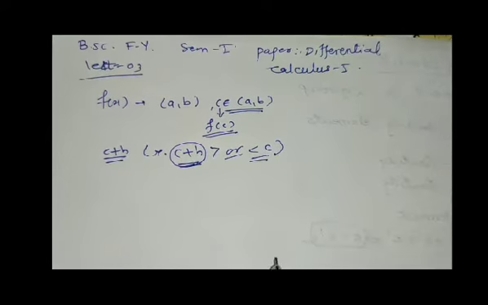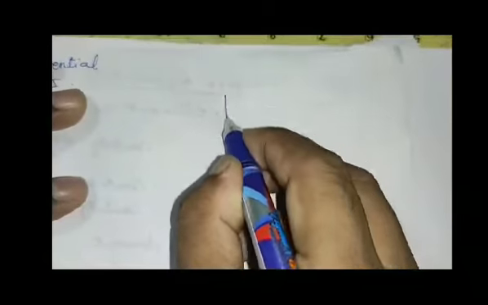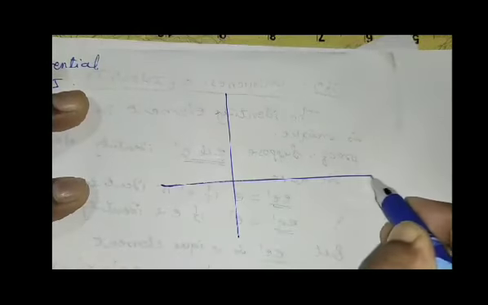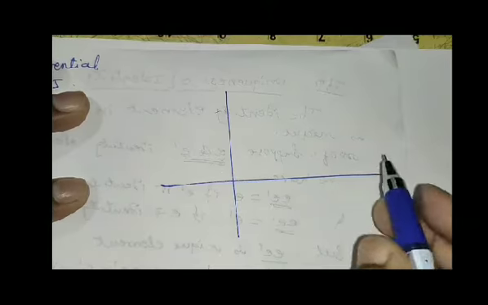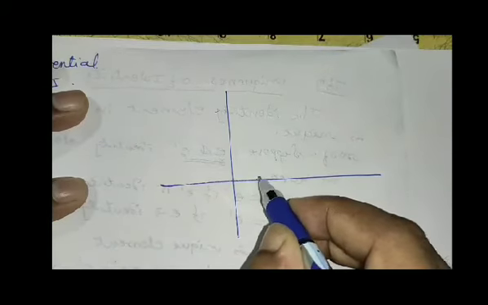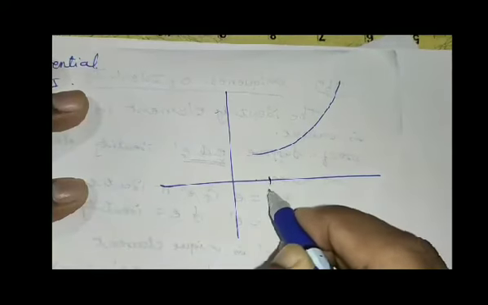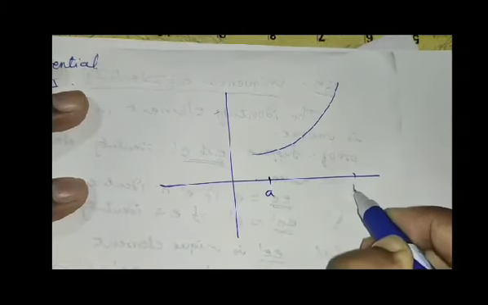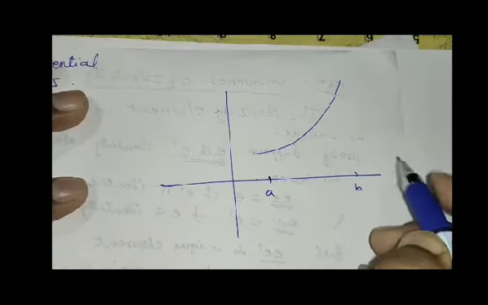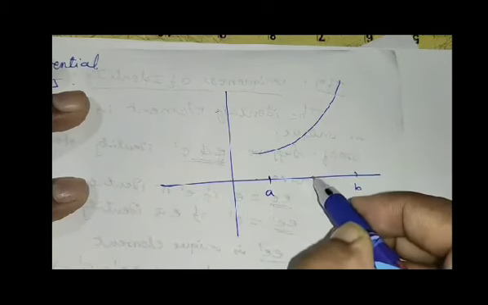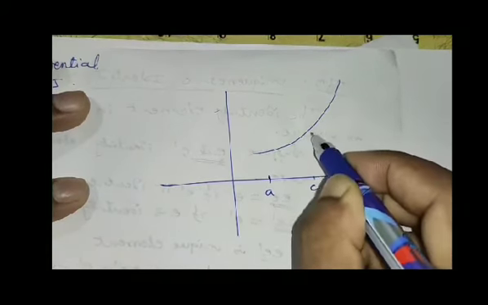Like this, suppose I discuss it here. This is a graph, and suppose this is a function we defined on the interval a to b, and suppose c is there.